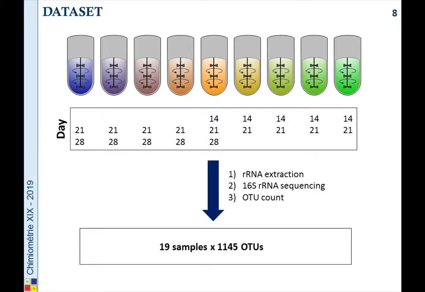We performed the ribosomal RNA extraction. We sequenced this RNA, and then, by using bioinformatic tools, we assigned these sequences to OTUs. Then we counted the OTUs, and we built this matrix of 19 samples, 1 per reactor and time point, and 1,145 OTUs.